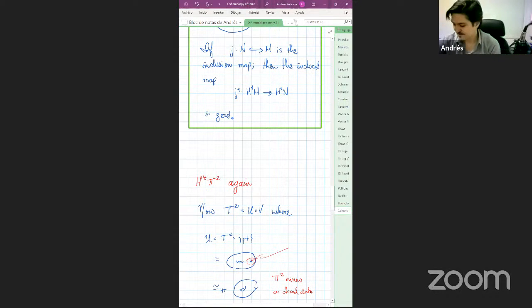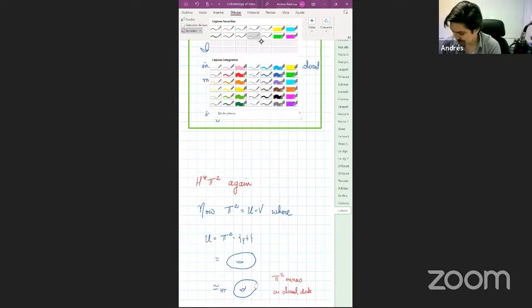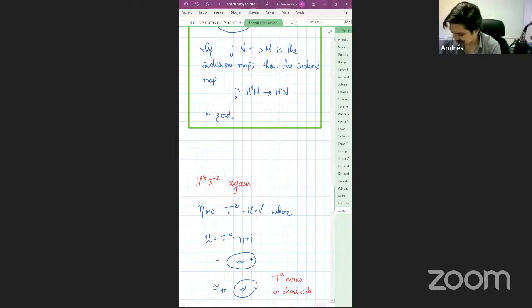Okay, so that's U. Is that clear for everyone? So just think about the plane. If I remove a point, then I can do a retraction by stretching everything a little bit.